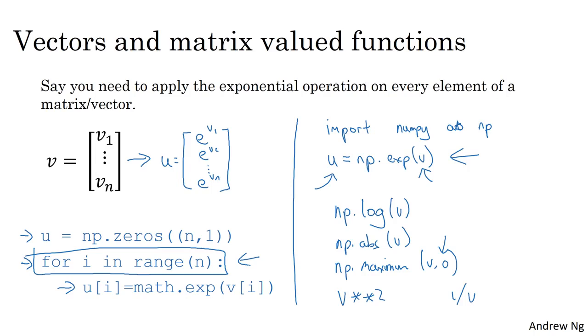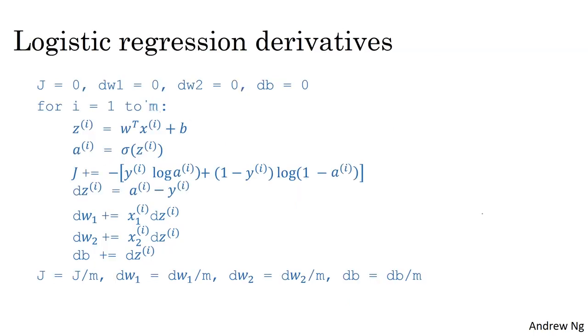So let's take all of these learnings and apply it to our logistic regression gradient descent implementation and see if we can at least get rid of one of the two for loops we had. Here's our code for computing the derivatives for logistic regression. We had two for loops. One was this one up here, and the second one was this one.